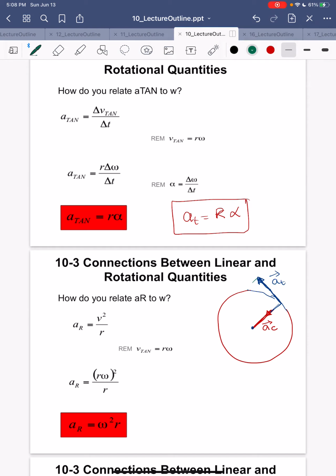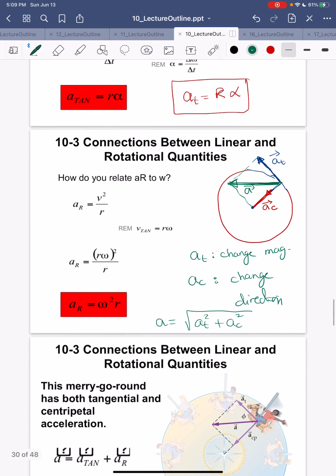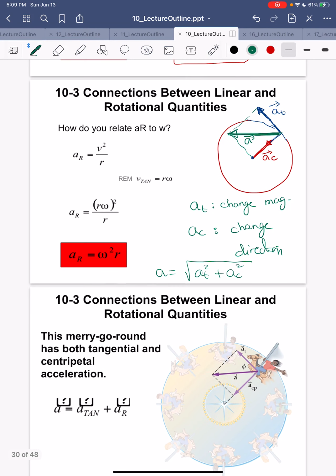What the object is going to feel is the resultant of these two accelerations, and that is really A. Now, A tangential is needed to change magnitude, and AC or A radial is to change direction. I can use Pythagorean to calculate A as the square root of AT squared plus AC squared. And of course, I can calculate the angle as well.